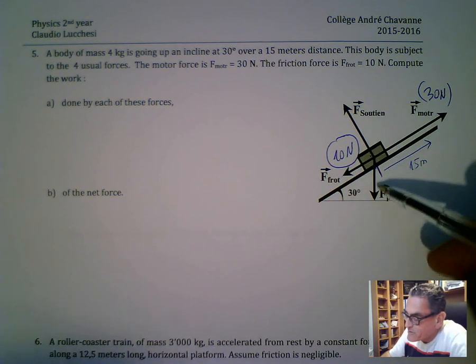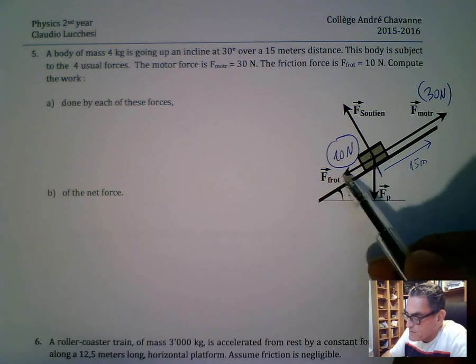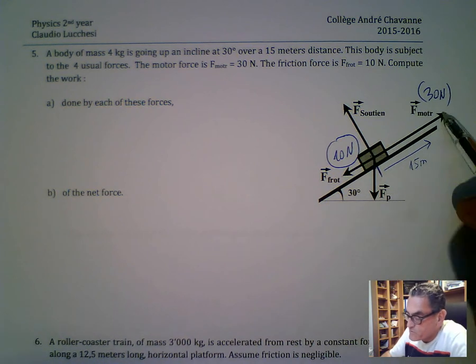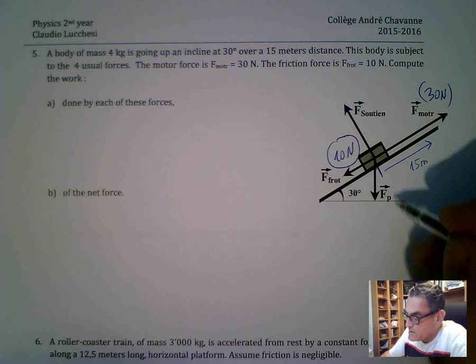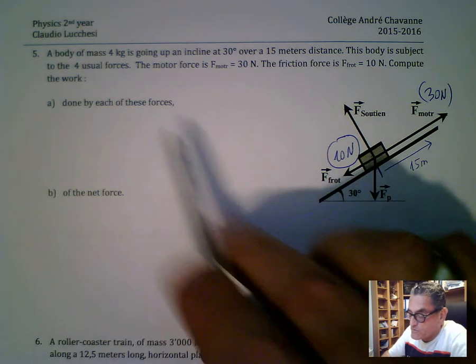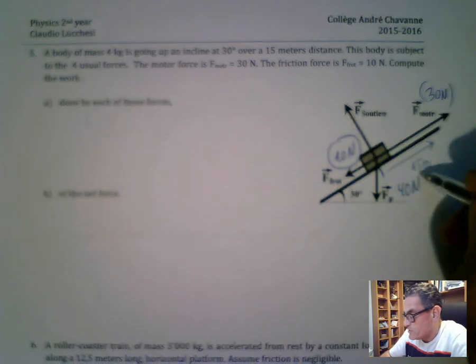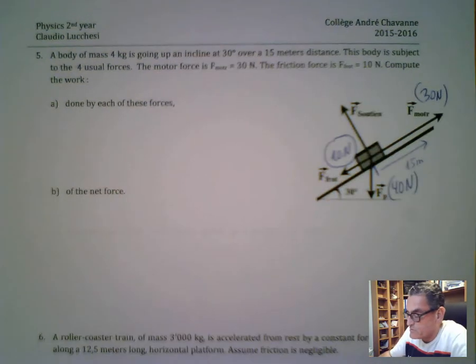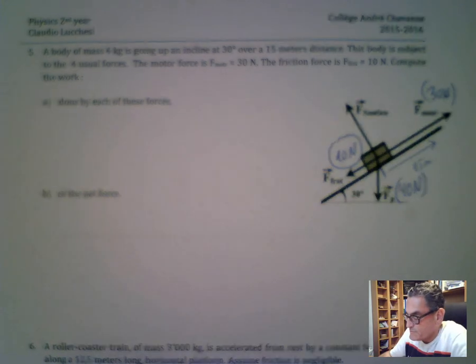Well, not completely wrong, but you see, of course, that the motor force is much bigger than the friction force, because, of course, this guy is going up the ramp. The gravitational force, the body is 4 kilos, so we can approximate it to 40 newtons. And this for the moment we don't know.